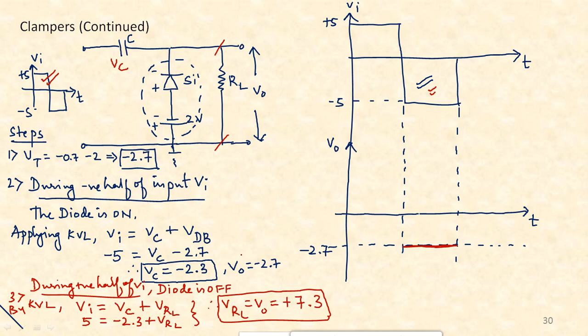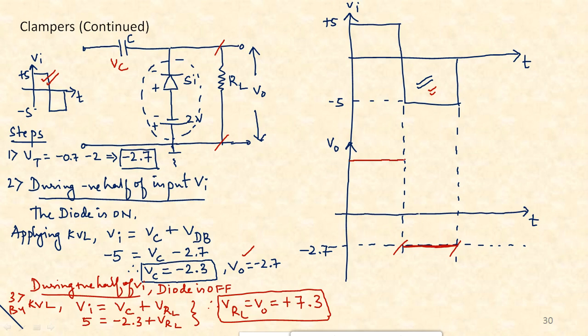During the negative half, the output voltage was minus 2.7, so I just indicated this line. During the positive half cycle, output voltage is plus 7.3.